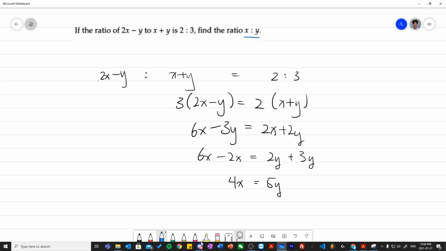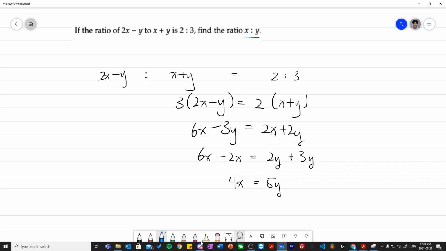Over here we have an x and a y, but what we currently have is actually 4x to 5y. We don't really have x to y. Do you understand? I'm looking for a concrete relationship between x to y, not necessarily 4x to 5y.